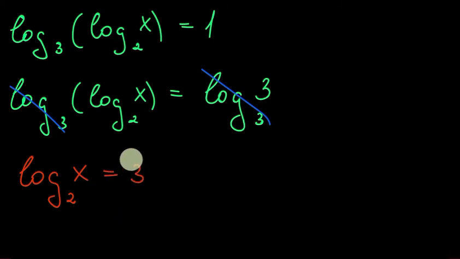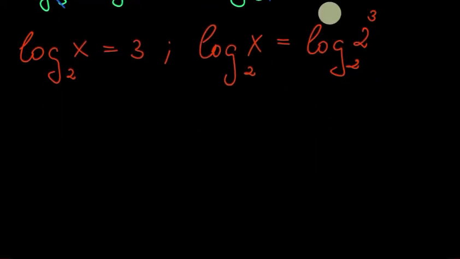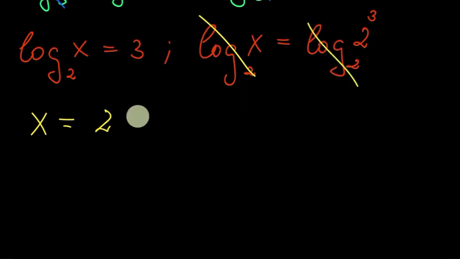Now logarithm base 2 of x is equal to 3, then now this is equal to 1, so we will write 3 here, and now this is equal to 3. So our x is equal to, we are cancelling these, so our x is equal to 2 to the third power, and 2 to the third power is equal to 8.